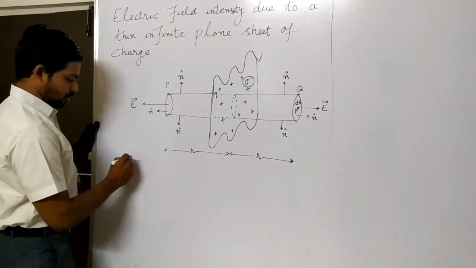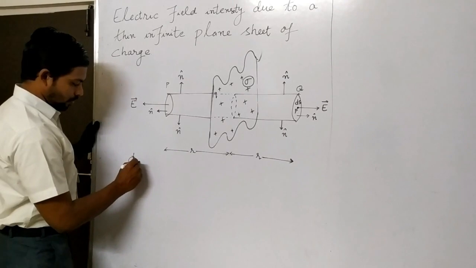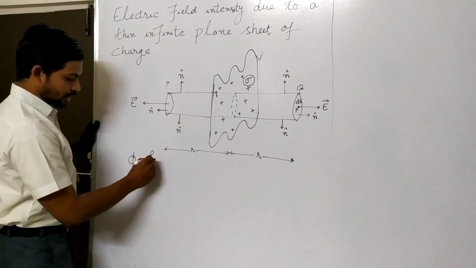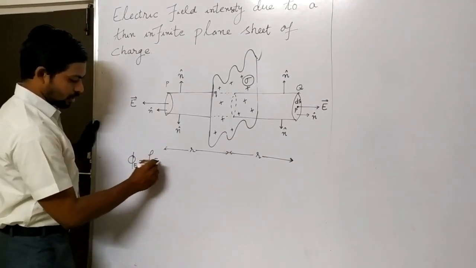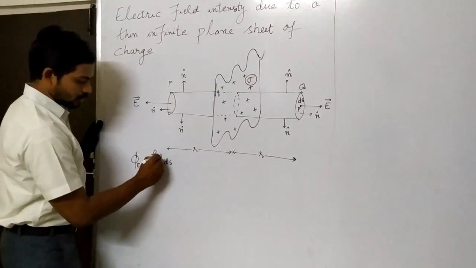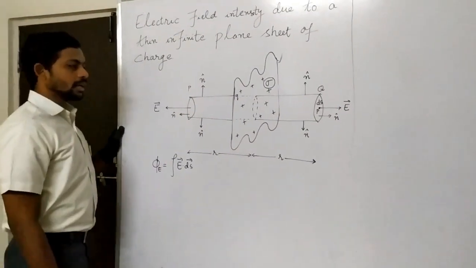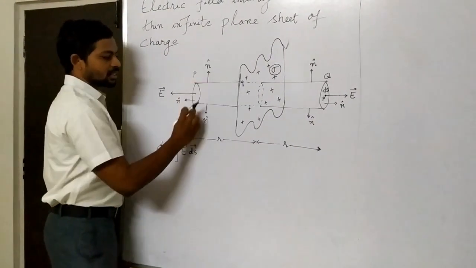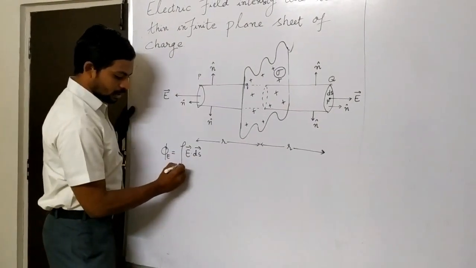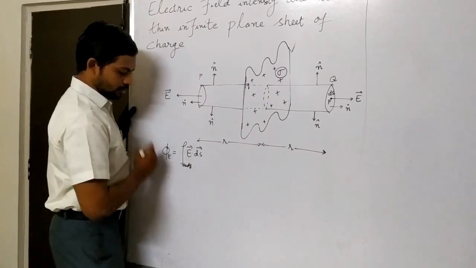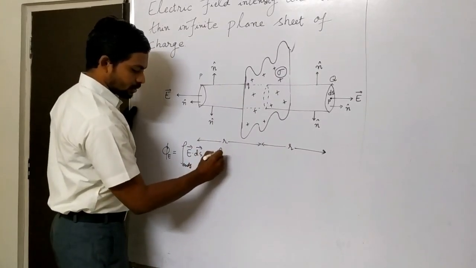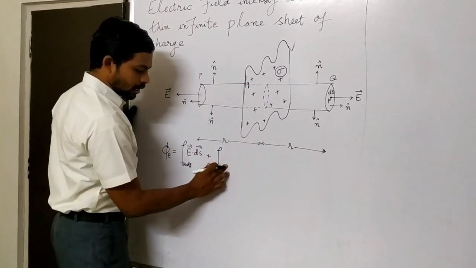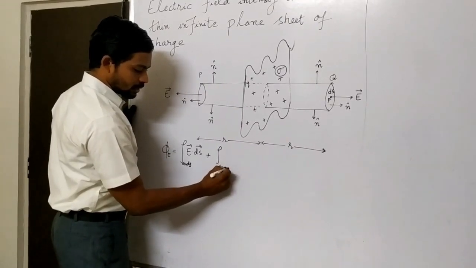We know that flux is generally given by integral E dot ds. But here you can see flux is contributed by the ends plus the curved surface area.